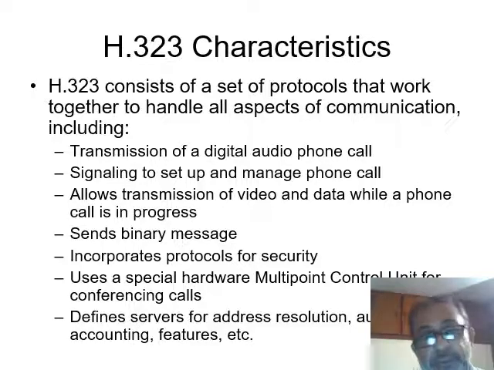H.323 consists of a set of protocols that work together to handle all aspects of communication, which include the transmission of digital audio phone calls, signaling to set up and tear down calls, allowing transmission of video and data while a phone call is in progress, sending binary messages, incorporating protocols for security, using special hardware, a multi-point unit, for conference calls, and it also defines the servers for address resolution and accounting features.